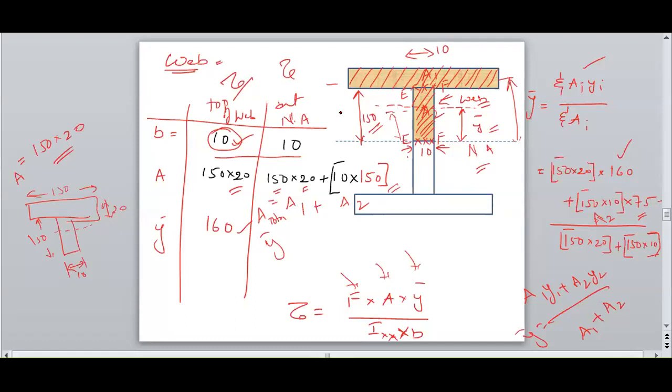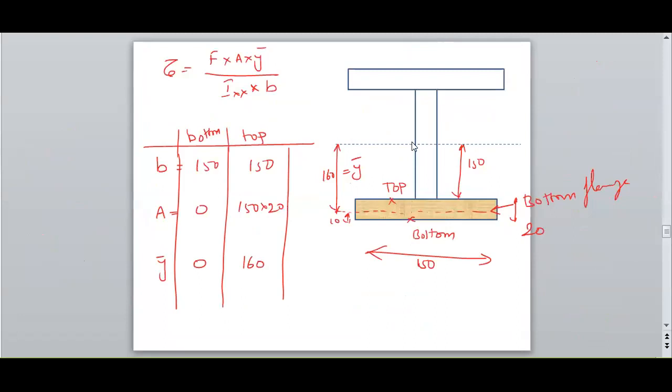Now it is symmetrical about the x-axis. Therefore, the stress values will be similar while I am moving from the bottom of the web.